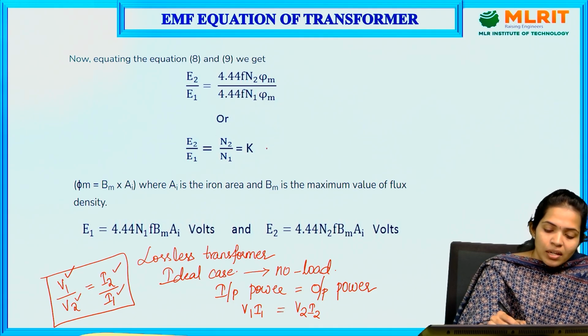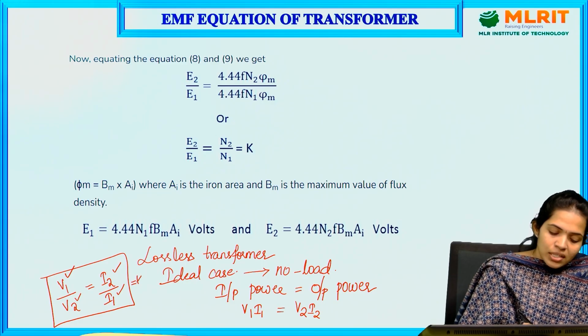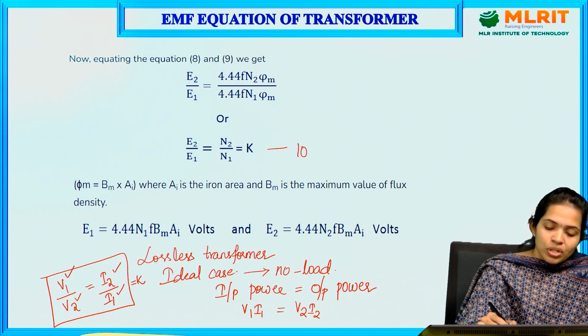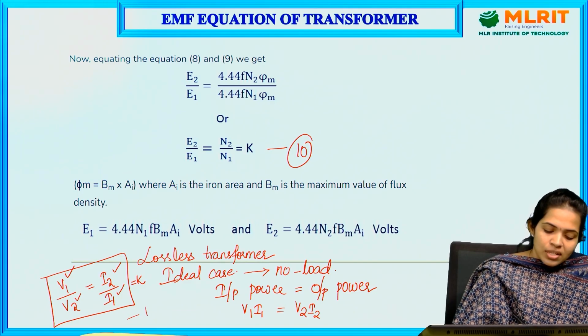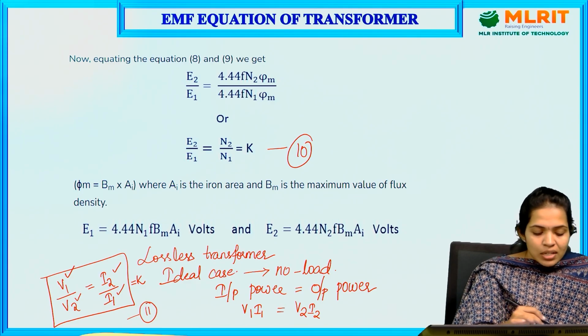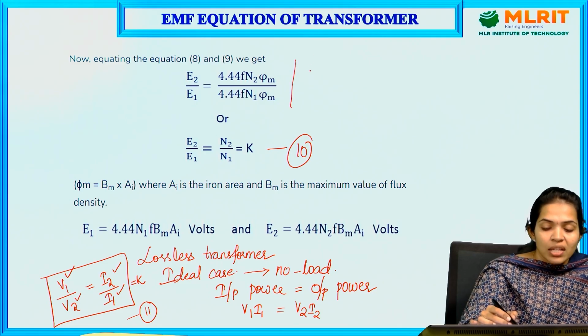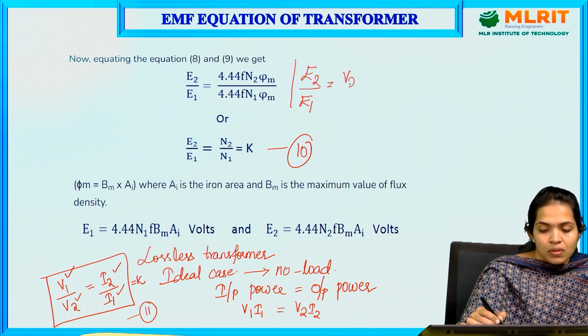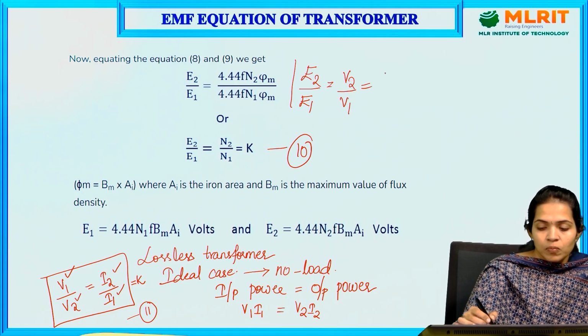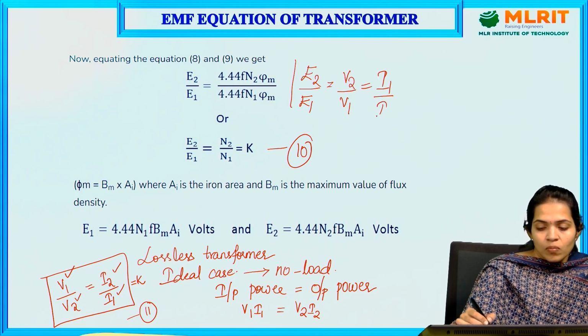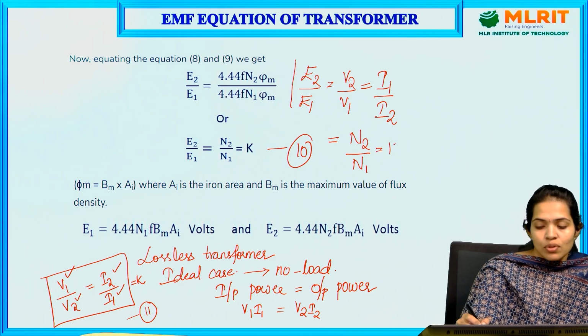When we write all these equations together, consider this as equation number 10 and this as equation number 11. We can rewrite the entire EMF equation of the transformer and the transformation ratio in terms of induced EMFs, which is again equal to N2 by N1, which is equal to K.